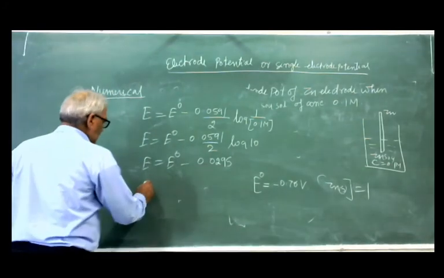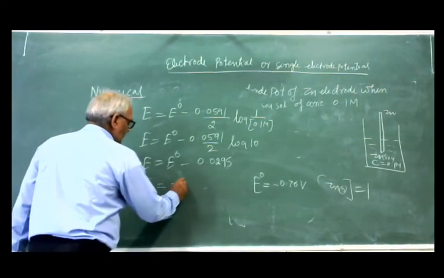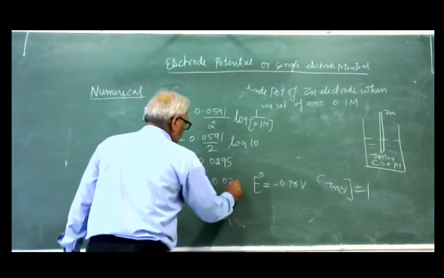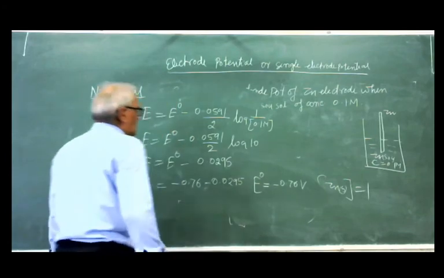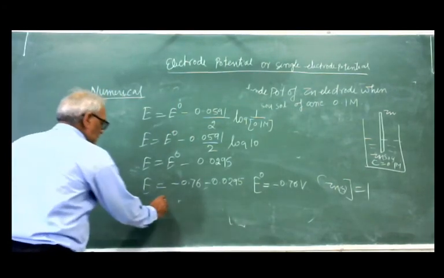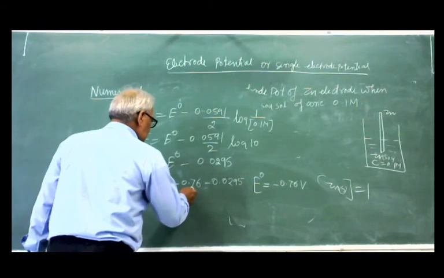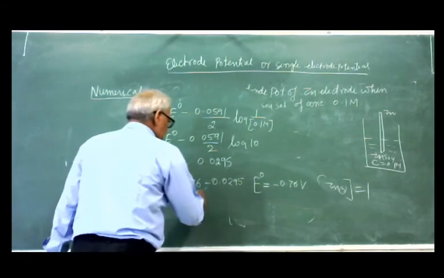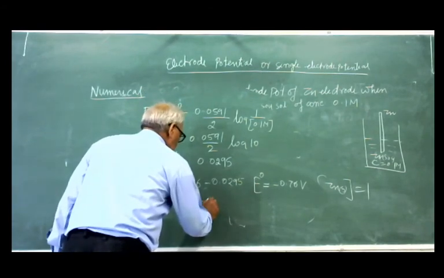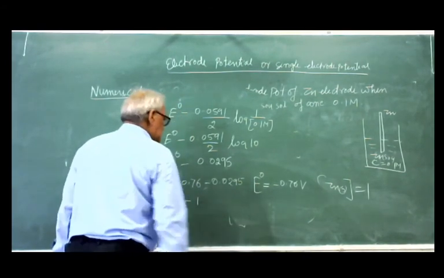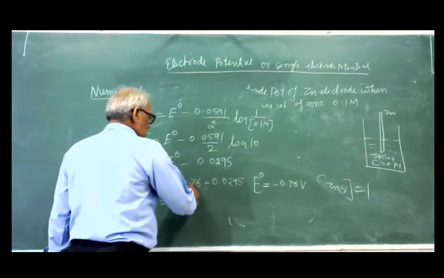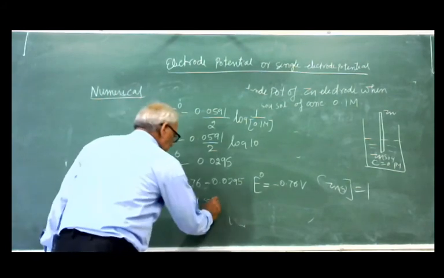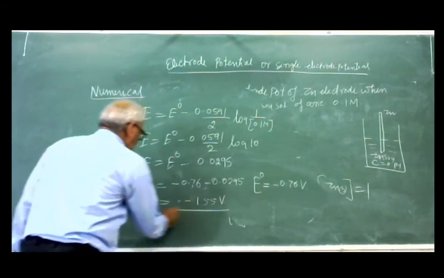So you get E equal to minus 0.76 minus 0.0295, and finally you will get minus 0.79 volt.